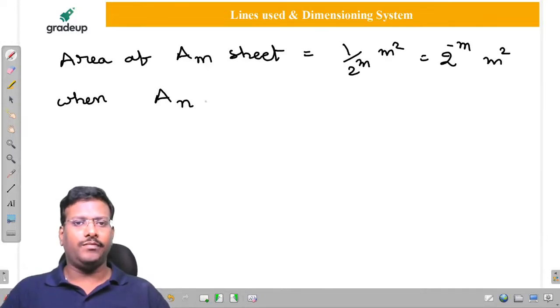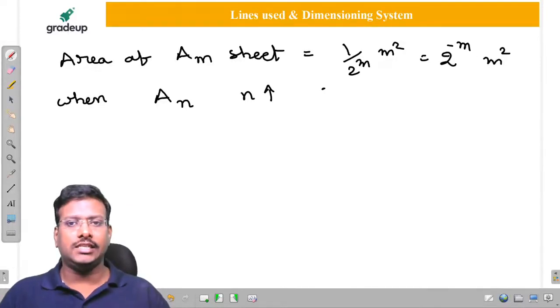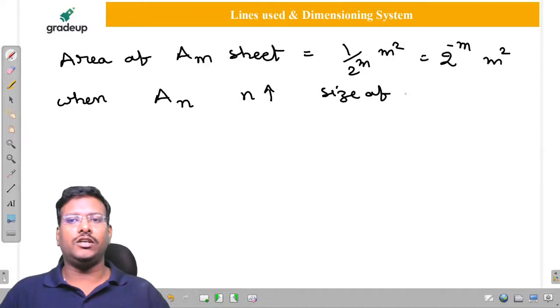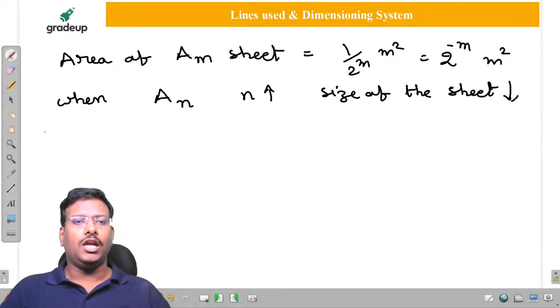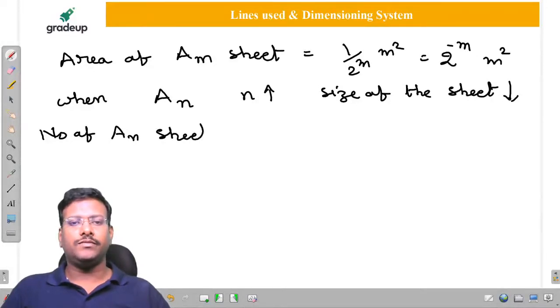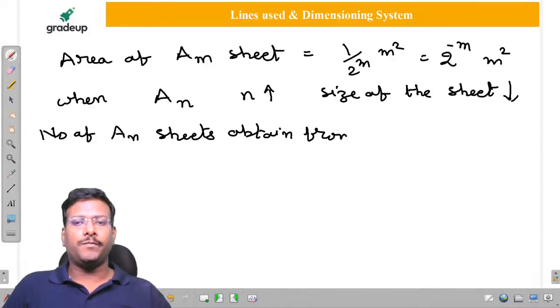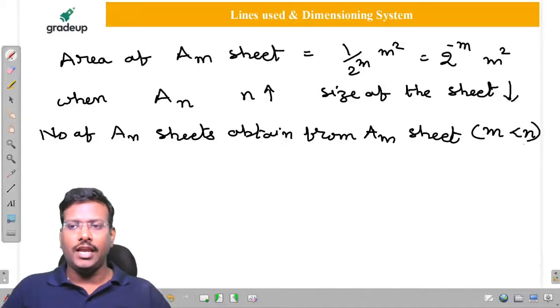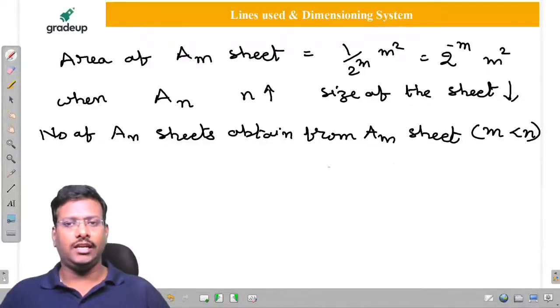Remember, in the index denominator An, if n increases, the size of the sheet reduces. Now, the number of An sheets obtained from an AM sheet, where the m value is less than n, is equal to 2 power n minus m.